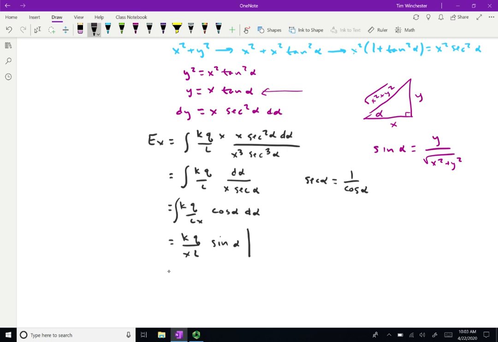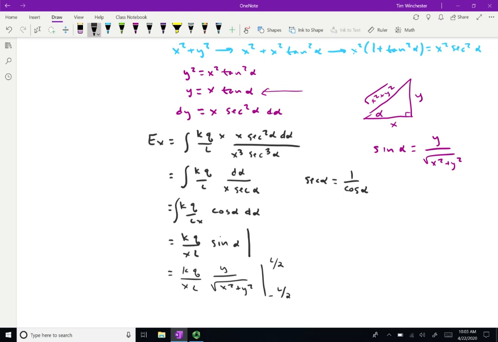All right, so when I do that, I'm going to get kq over xL times y over square root of x squared plus y squared, evaluated from now y equals negative L over 2 up to L over 2.